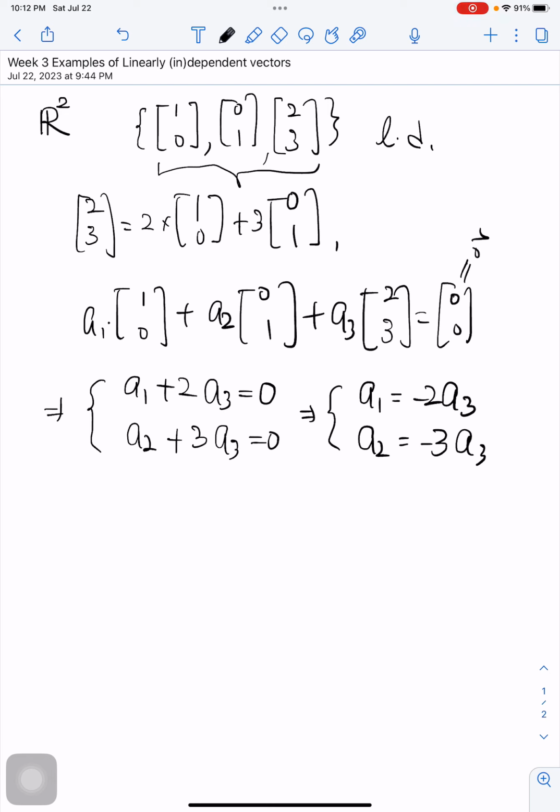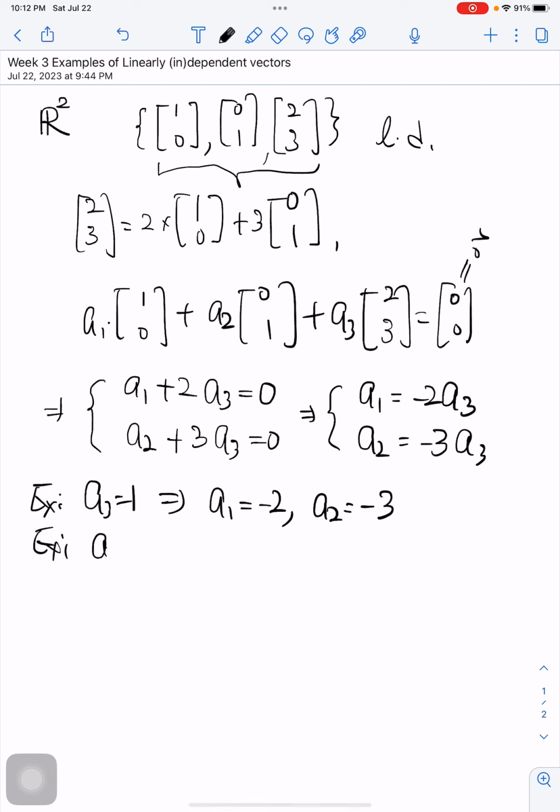After you assign a value to A3, A1 and A2 are determined. For example, if A3 equals 1, then A1 equals negative 2, and A2 equals negative 3. Or if you assign A3 equals 2, then A1 will be negative 4, and A2 will be negative 6.